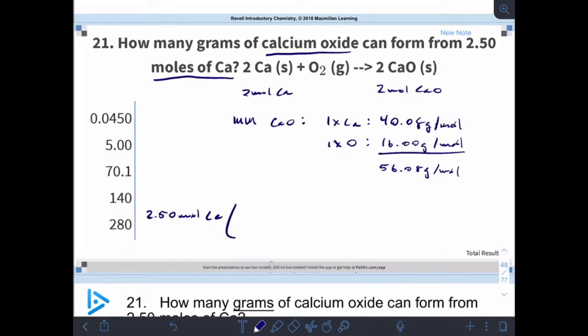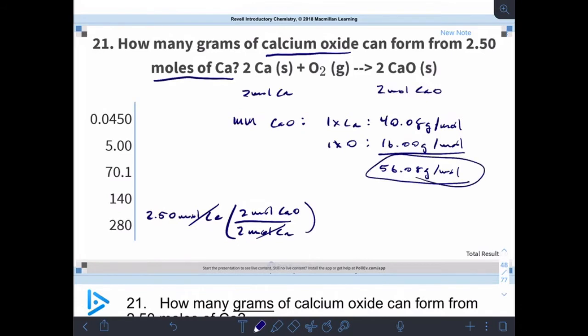I'm going to write my relationship to have moles of calcium on the bottom and moles of calcium oxide on the top. Moles of calcium will cancel. Now that I'm at moles of calcium oxide, I'm going to use the molar mass to get me to grams.